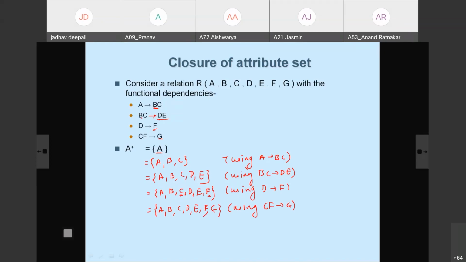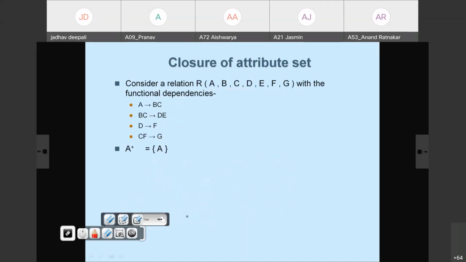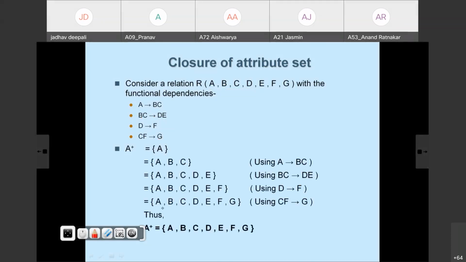What is A closure? This is the A closure. All the attributes of the relation are in the A closure. A closure is equal to all the attributes of the relation.